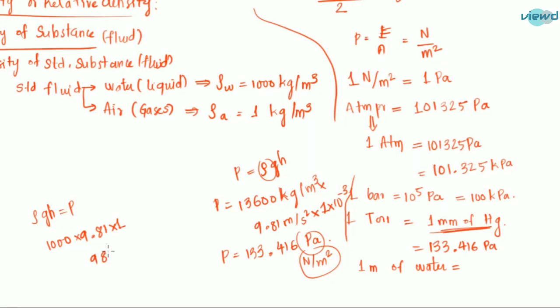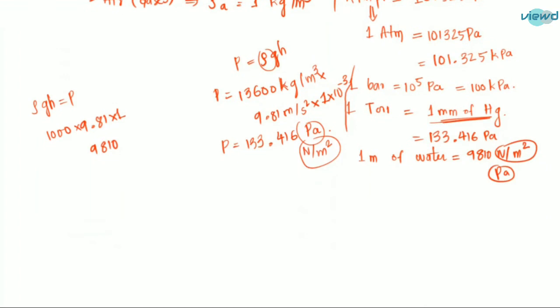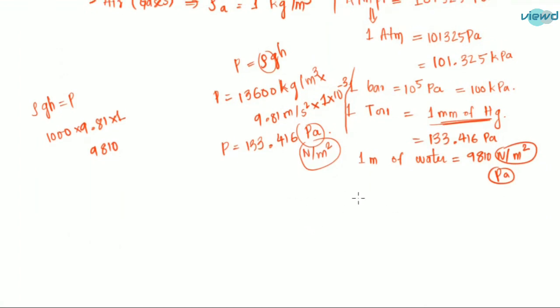So it is 9810 Newton per meter square or Pascal. We can use any unit. And there is also a relation: 1 megapascal is equal to 1 Newton per mm square. This is a very important relation we need to remember. If it is given as 1 Newton per mm square or 1 megapascal, both are equal.